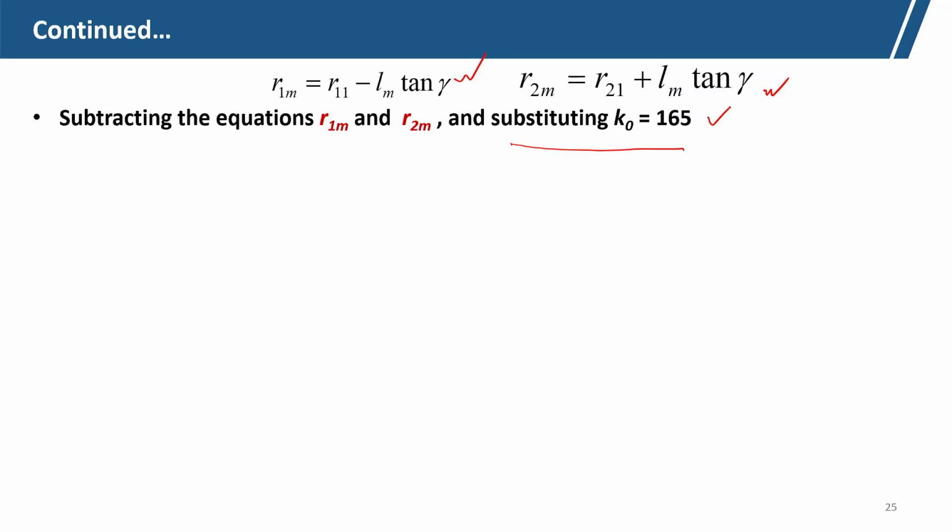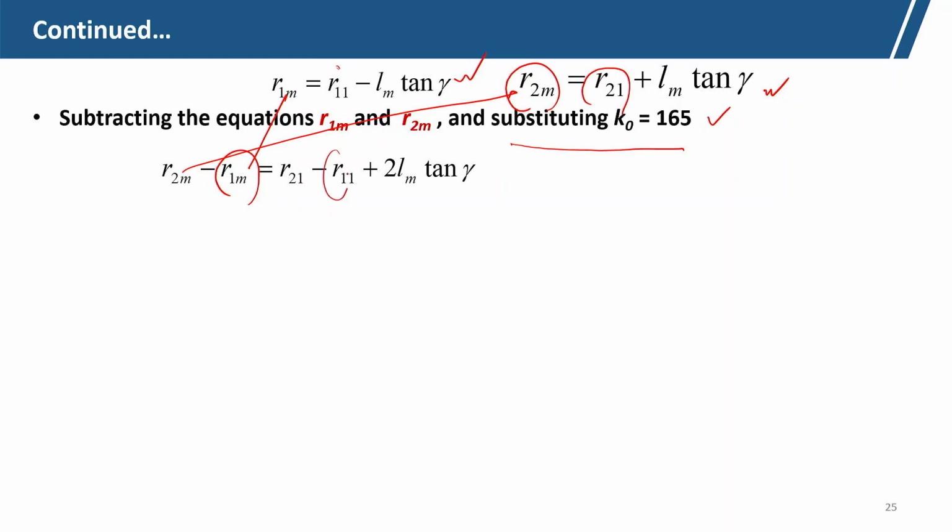165. Let us see R2m minus R1m. So, what we are getting is R21 minus R11 and then plus 2 Lm tan gamma.